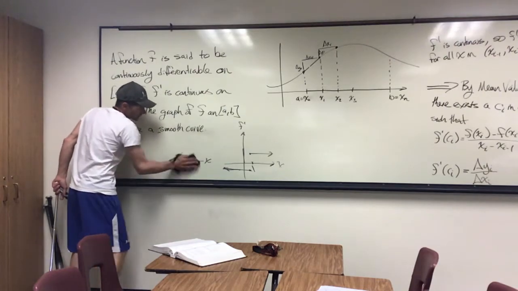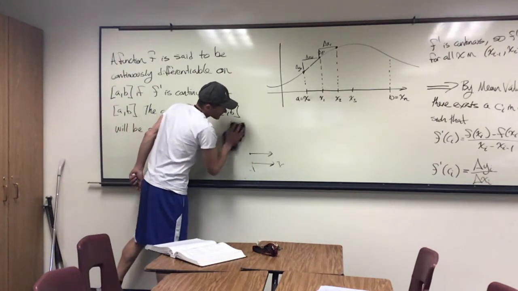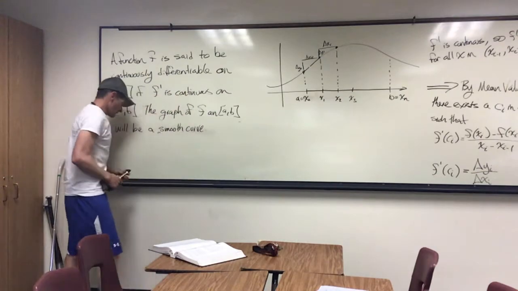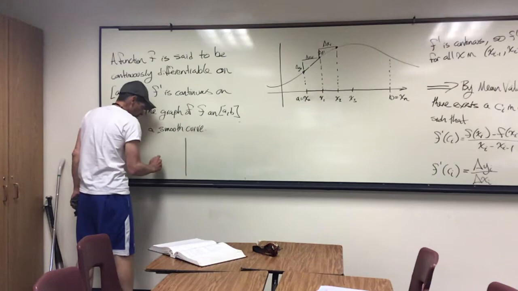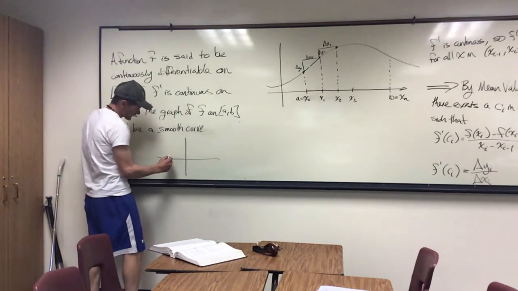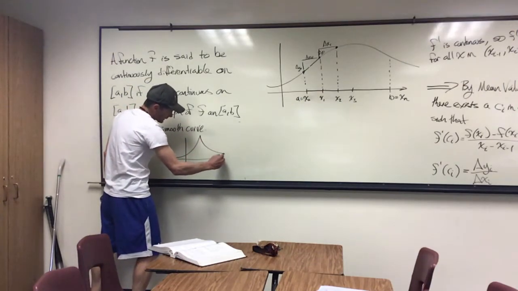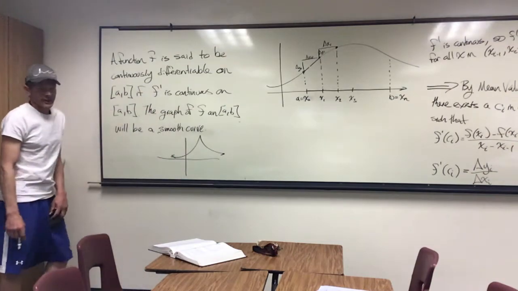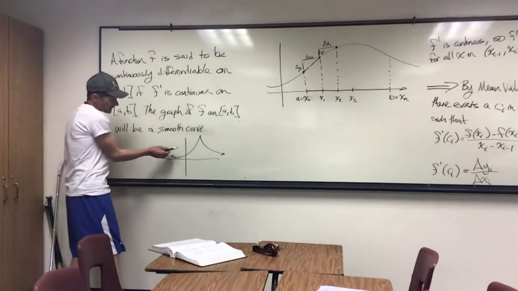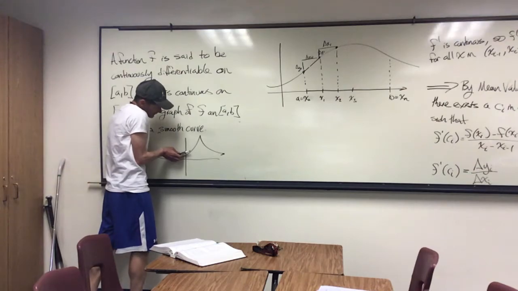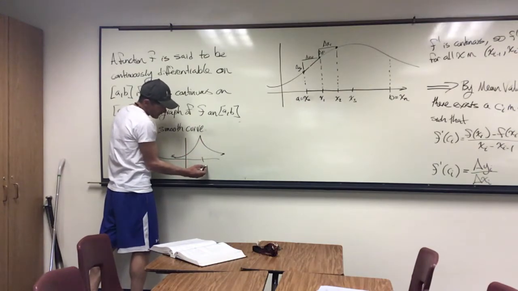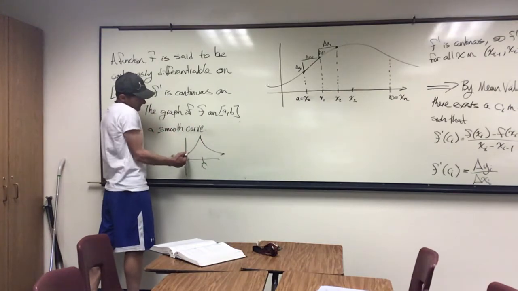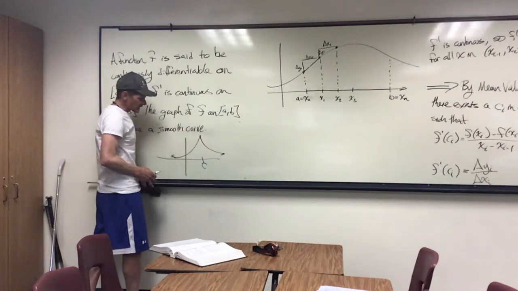Some other words we use for these kind of things are cusps or nodes, maybe where there's discontinuities in the derivative, something like this, right? That is not a smooth curve, and if we look at the graph of its derivative, we can see that it's becoming very steep here, so the derivative is going to be very, very positive to the left of c and steeply negative to the right.